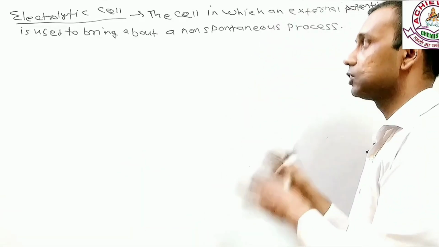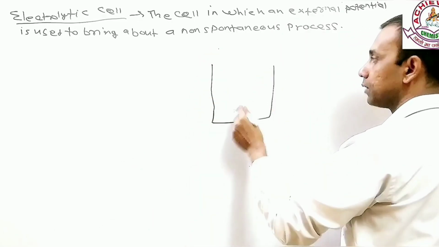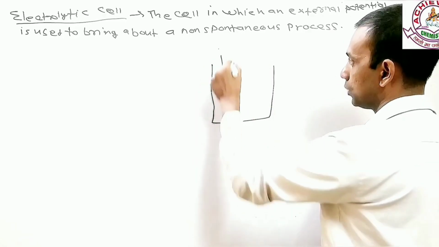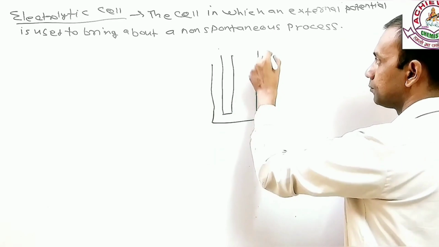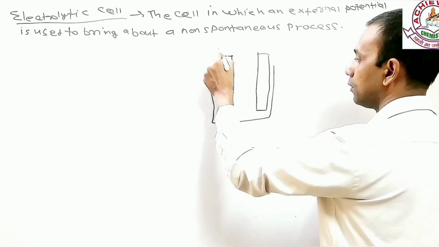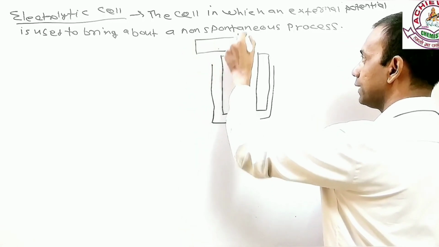So what is the reference for this topic here? Suppose this is a container right here, and you have two electrodes being placed. These two electrodes need to be connected with a source of voltage.